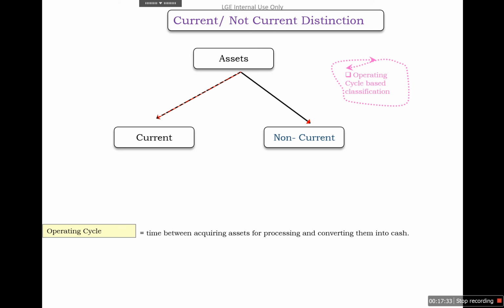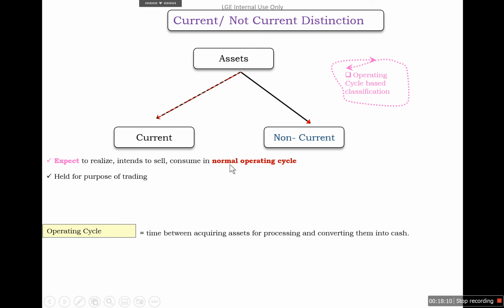For the assets category, if it is expected to be realized, or intended to be sold or consumed in the normal operating cycle period, it will be classified as current assets. If you check, expected to realize is for the debtors, intended to sell is for finished goods, and consumed in the normal operating cycle is for raw material.